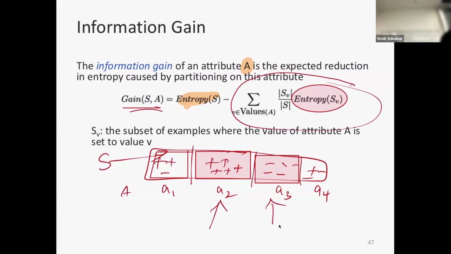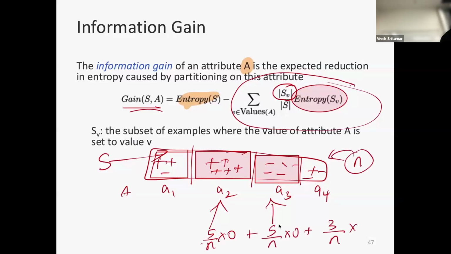The size of S_v divided by the size of S is simply the fraction of examples that belong to that subset. So if you have n examples here, it'll have 5 divided by n times 0, plus 5 divided by n times 0, plus similarly for the first part.